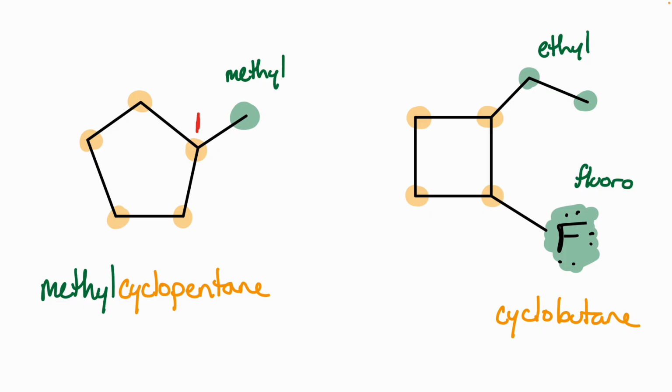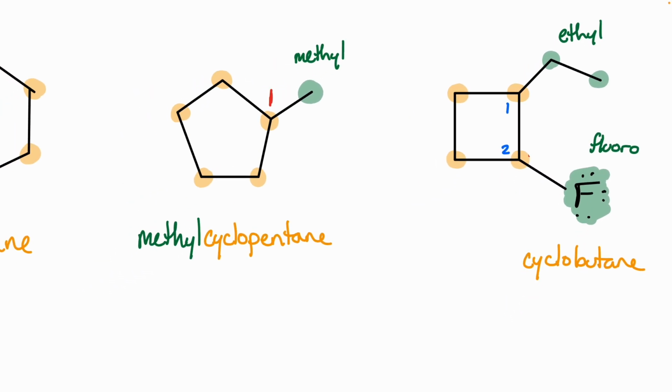I can start at either point, so I could go 1, 2, or I could start at my fluoro group 1, 2. In both of these, I have a tie. So how do I break my tie? Alphabetical order, right? So there's no clockwise, counterclockwise rule. Our rules are the exact same as it was previously, all right? In this case, I'm going to break my tie with alphabetical order, so that fluoro group's going to come after that ethyl group.